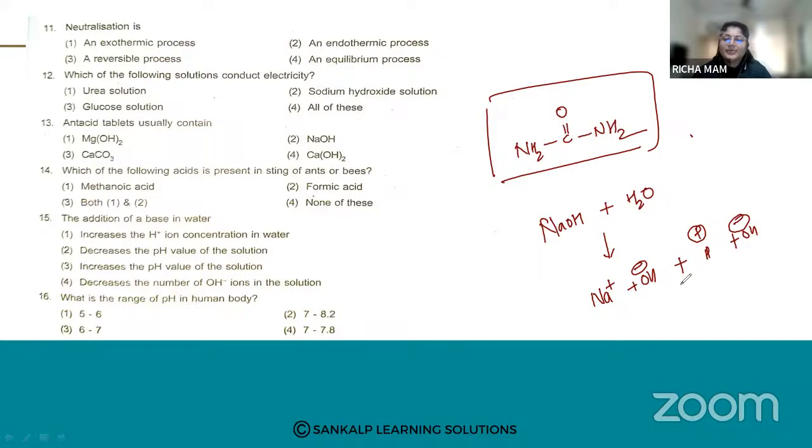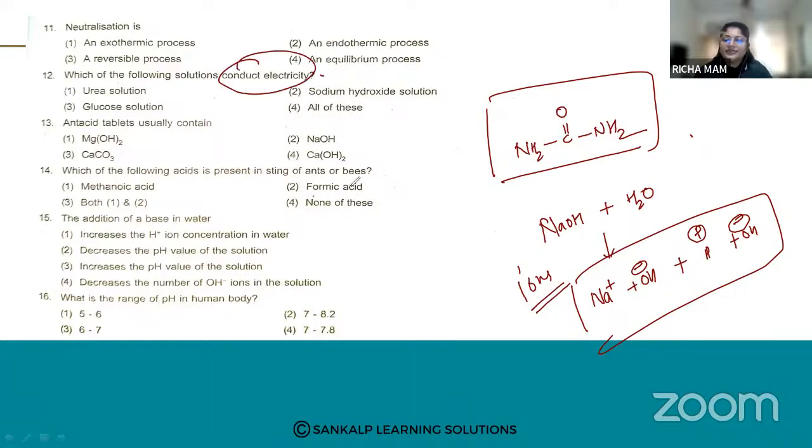So ions are there. When free ions are present, it will conduct electricity, right? Remember, free ions are responsible for conduction of electricity. So it is a good conductor and an electrolyte.